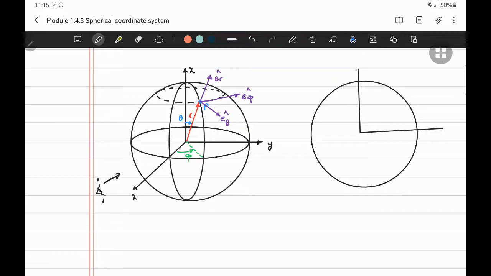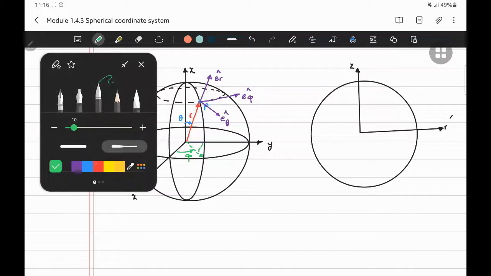The vertical axis is z, and the horizontal axis is r prime. This r prime is, for example, the projected vector of r on the xy plane.